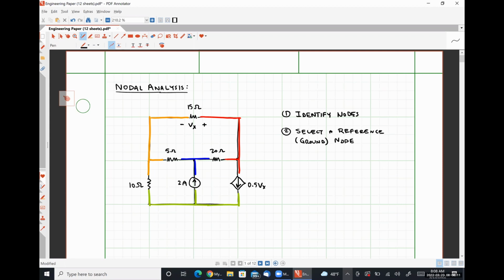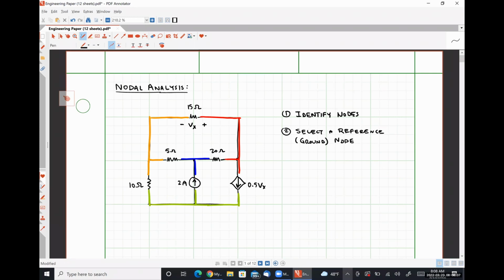If we look at the red node on the right, there are 3 elements connected. If we look at the blue node in the middle, there are 3 elements connected. And if we look at the green node at the bottom, there are 3 elements connected, which means all of these nodes are equally as likely to work as ground for us. The math is going to be just as difficult or just as easy regardless of where we choose our ground.